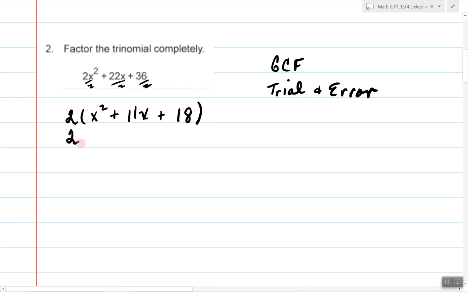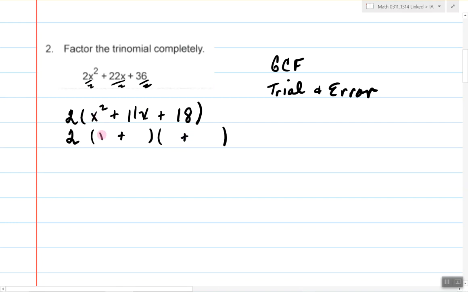So keep the 2. That's a mistake students make sometimes, is they forget or leave off a GCF that they found. 2 parentheses, I'll review the rules for signs. If the last sign is positive, then you will either have plus, plus, or minus, minus in order to get that plus, and the middle term tells you what to choose, so I will choose a plus and a plus.